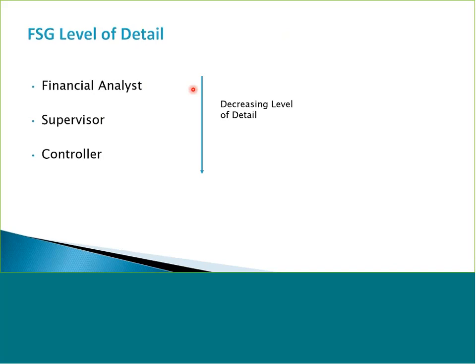So the last thing that we are going to talk about as concerns FSG reports is the level of detail. We have 3 levels of detail: financial analyst, supervisor, and controller.